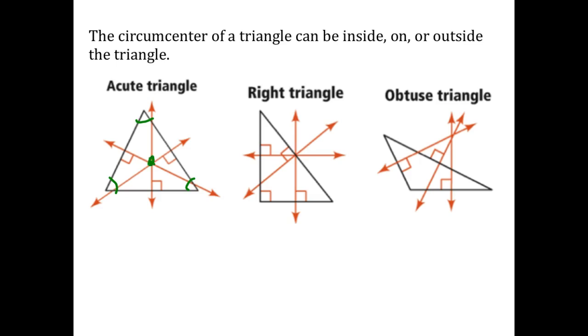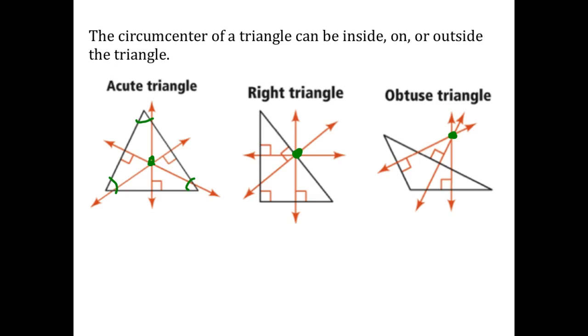If you have a right triangle, your circumcenter is actually going to occur on the hypotenuse of your right triangle, so it's going to be on it. And if you have an obtuse triangle, those perpendicular bisectors are going to cross outside the triangle. So if it's acute, inside; if it's right, on; and if it's obtuse, that point will happen outside.